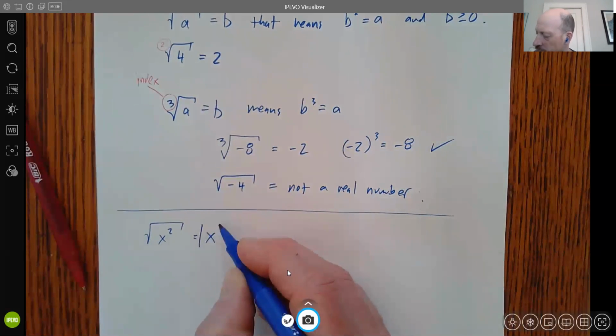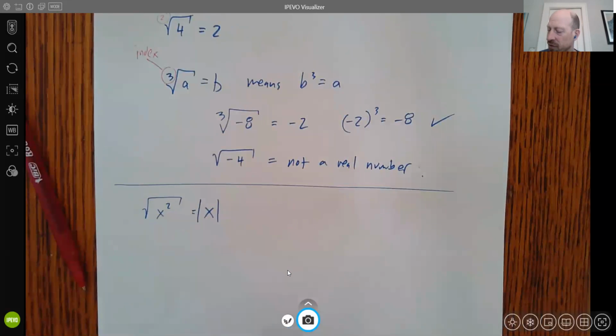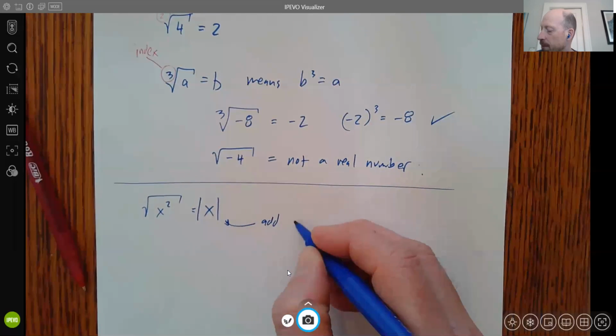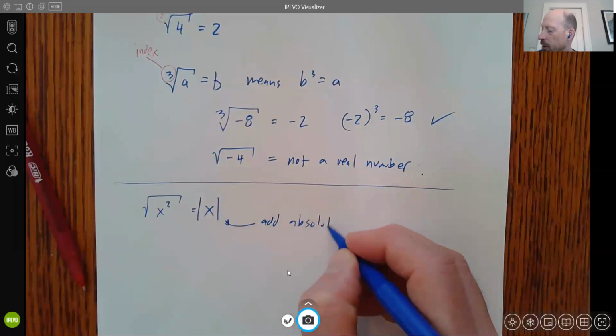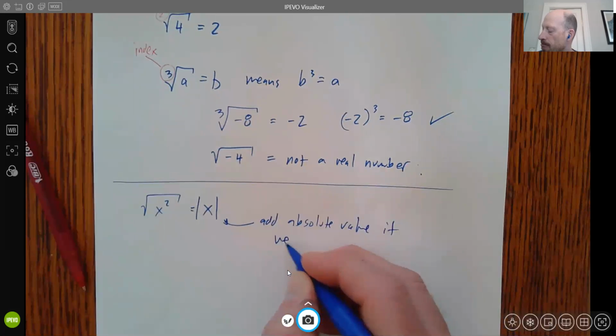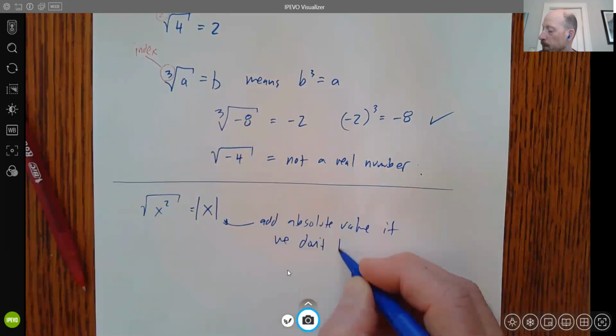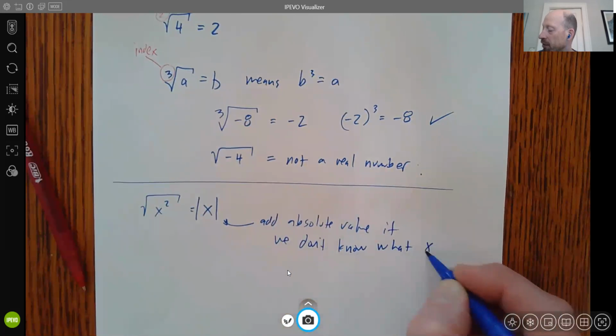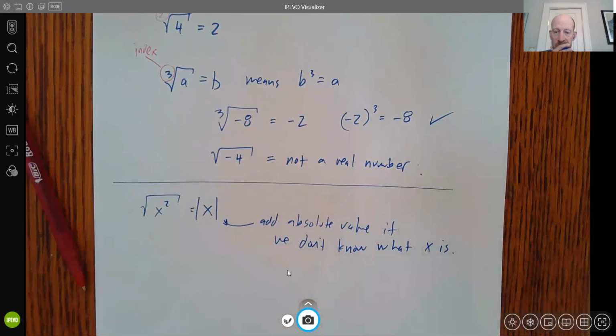So if I don't know what x is, we need to add these absolute value bars, because we want to make sure our answer is positive.